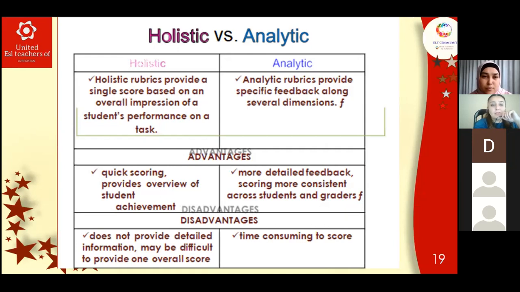And the disadvantages of both: a holistic rubric doesn't provide detailed information and may be difficult to provide one overall score. But analytical scoring is, of course, time consuming to score.